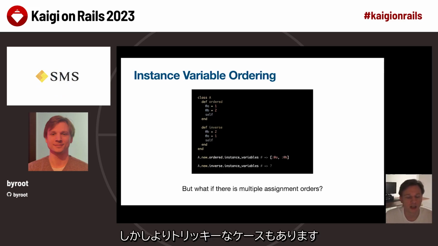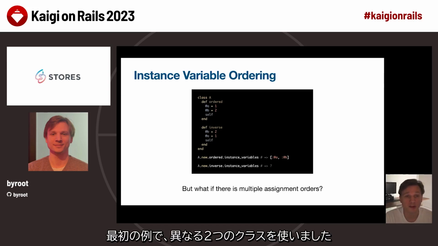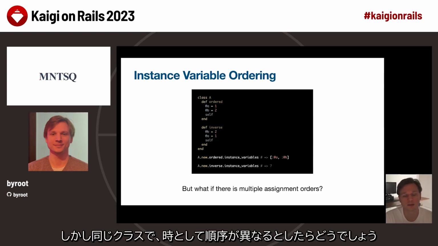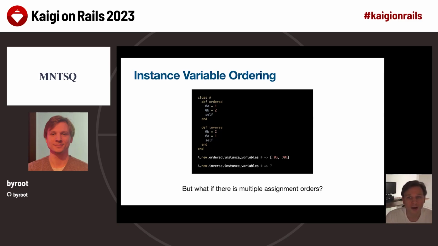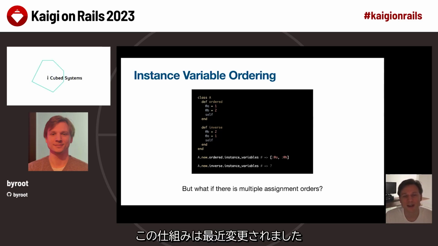But there are trickier situations. In the first example, we were using two distinct classes, but what if the same class sometimes defined them in one order, sometimes in another? Well, it happens that this changed recently.